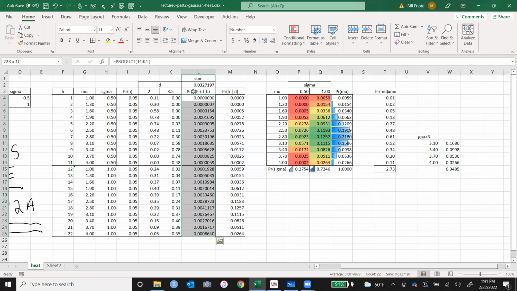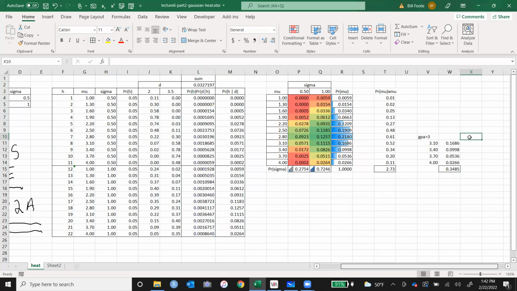From the point of view now of forming expectations, we need probabilities. So we're doing very much the same thing over here. And what do we do?